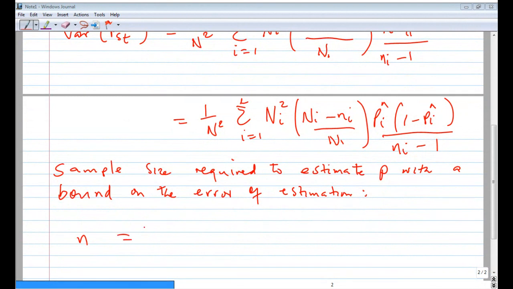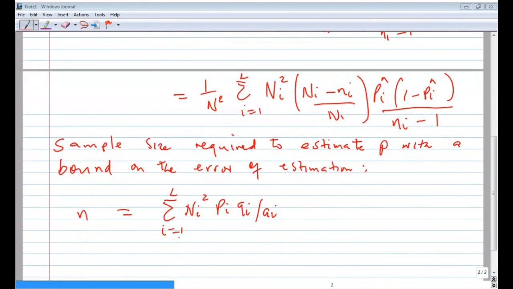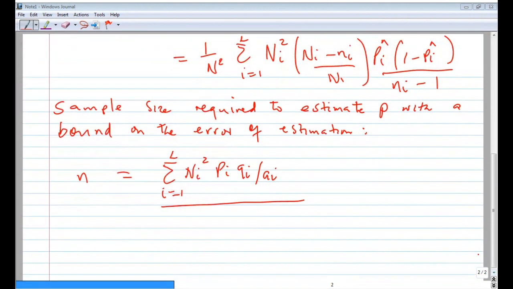It is n, which is the overall sample size, equivalent to the summation of Ni squared pi qi all divided by ai, where i is ranging from 1 up to L. Then you divide everything by N squared times D. Now our D here is a bound because we're estimating the population proportion, so let's replace this D by B squared over 4.